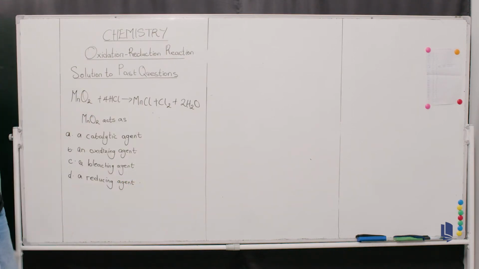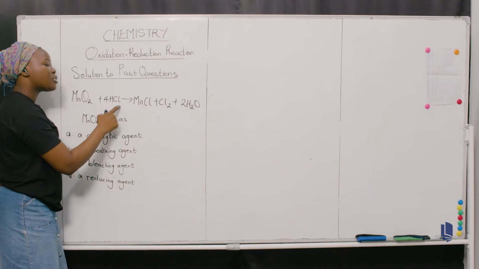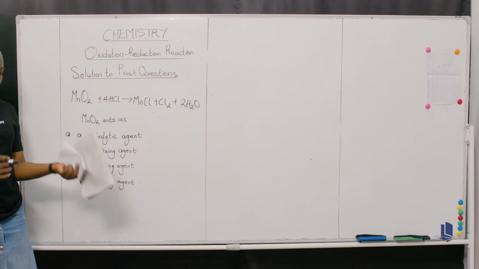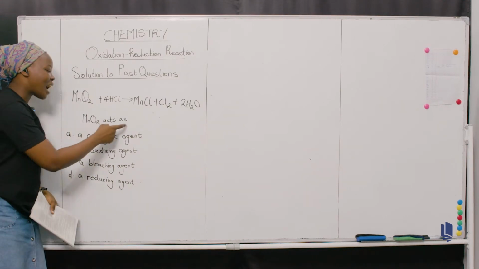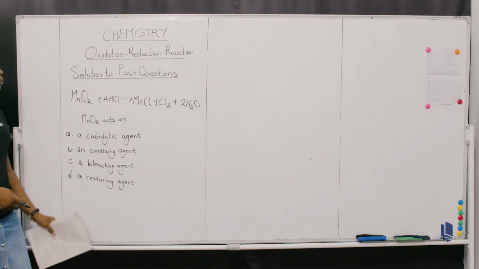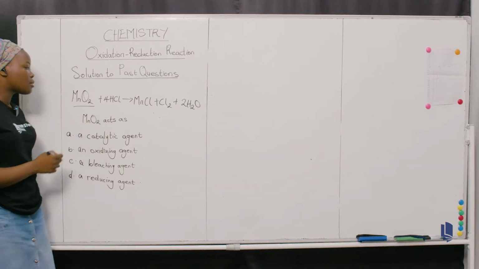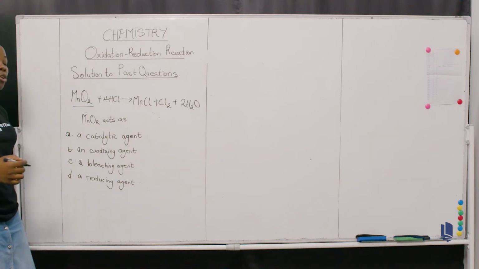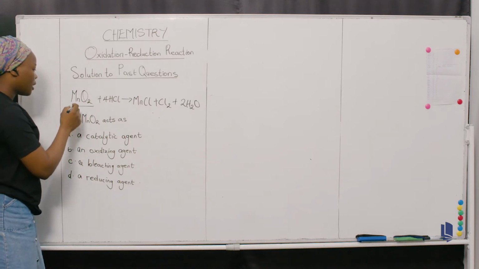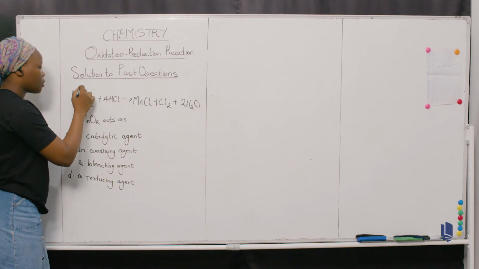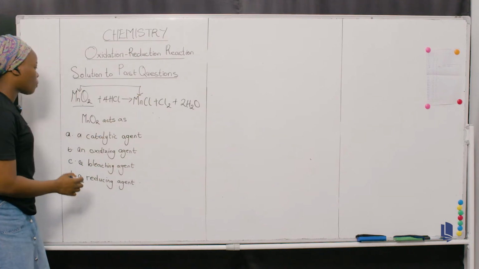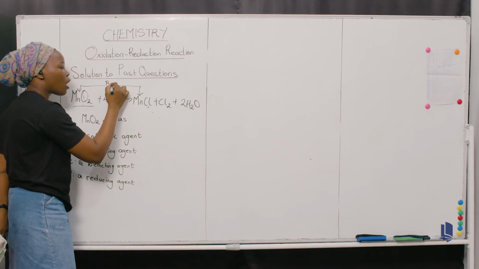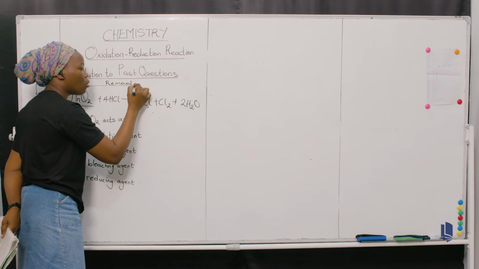These are the equation of the reaction. MnO2 plus HCl giving MnCl plus Cl2 plus 2 moles of water. MnO2 is one of the reactants, and this is a redox reaction, that's an oxidation reduction reaction. This is the half equation. There is oxygen here, there is no oxygen here, so we can say it's the removal of oxygen.